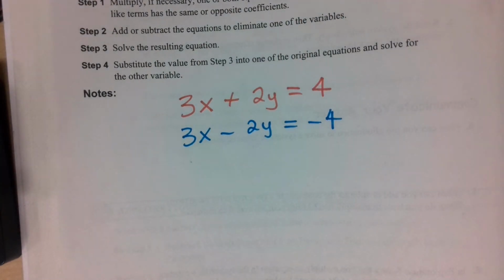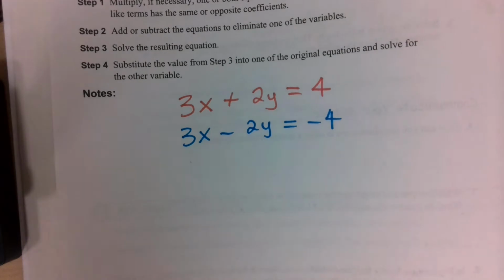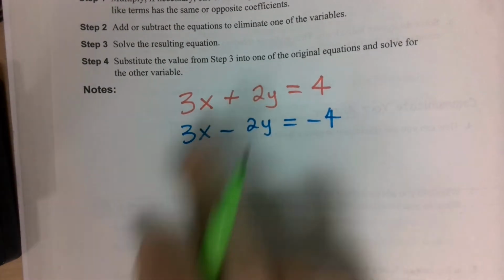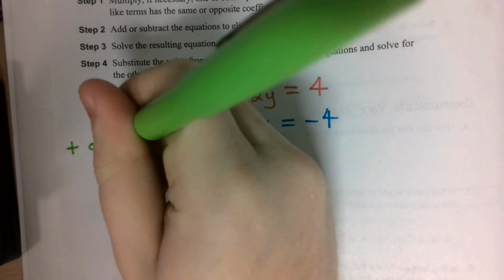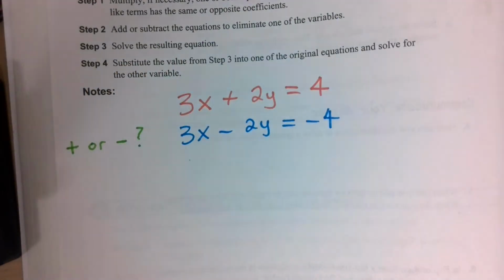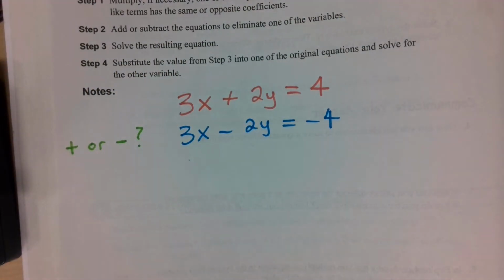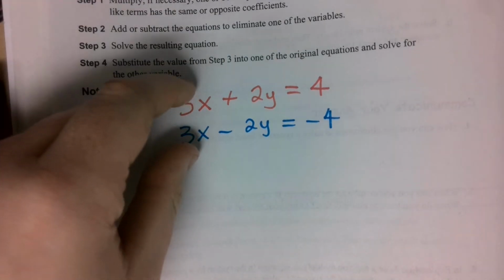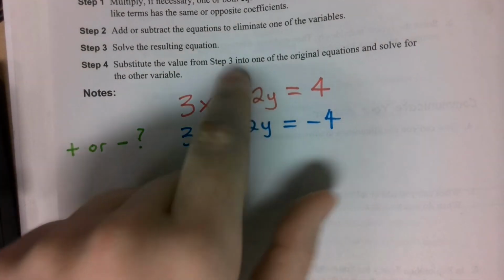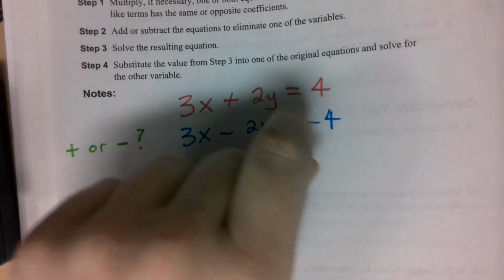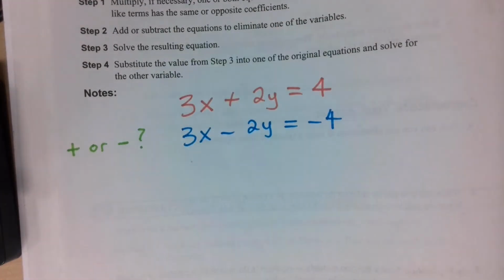Let me give you an example. In order to combine these two equations, combine can mean one of two things. We have to ask ourselves, are we talking about addition or subtraction? Well, if I added each piece together, 3x plus 3x would be 6x. 2y and negative 2y would be 0. 4 and negative 4 would be 0.